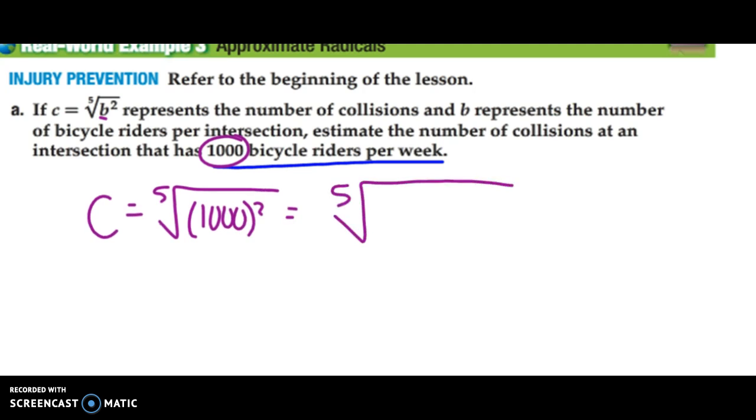So what is 1,000 squared? Well, 1,000 squared is going to be 1,000,000. And so I take the fifth root of 1,000,000, I go to my calculator. Calculator says it's approximately 15.85.